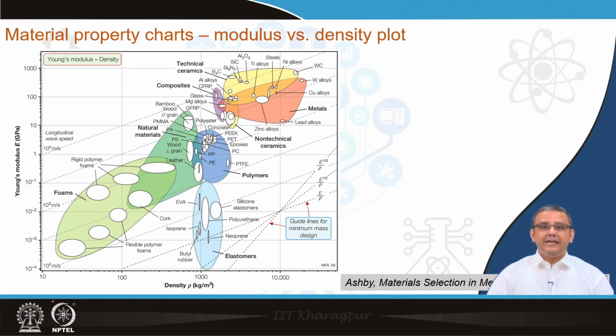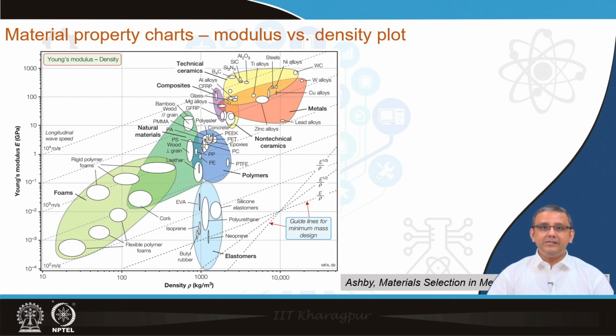Among ceramics, diamond, with covalent bond and small atomic size, has the highest modulus of more than 1 terapascal. After ceramics, we have the metals, because metals possess metallic bond, which is weaker than both covalent and ionic bond, so metals are less stiff than ceramics. After that, we have the polymers.